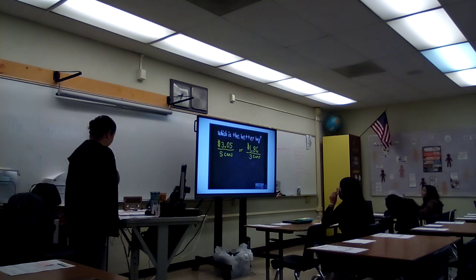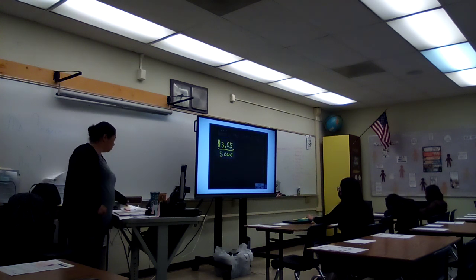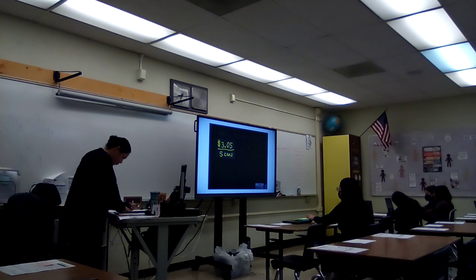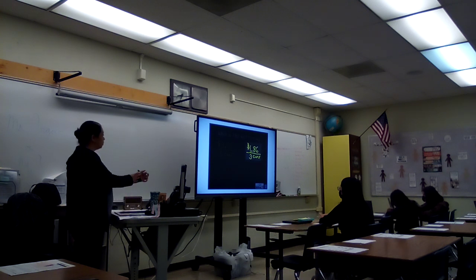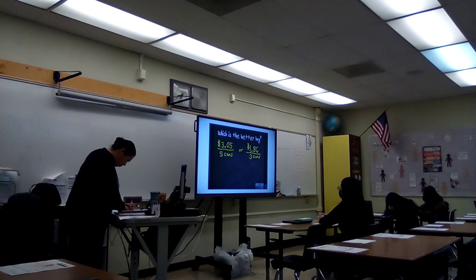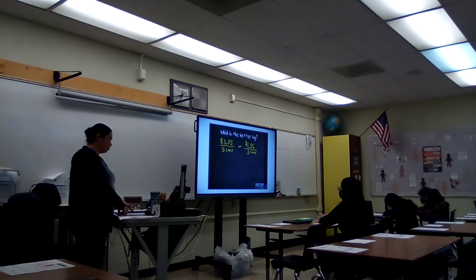We're going to try to find out which is the better buy. You can get 5 cans for $3.05, or you can buy 3 cans for $1.86. Let's say we want to buy a bunch of these cans, should we buy a bunch of them at this rate or at the $1.86 rate? So one way to do this is to find the unit price.